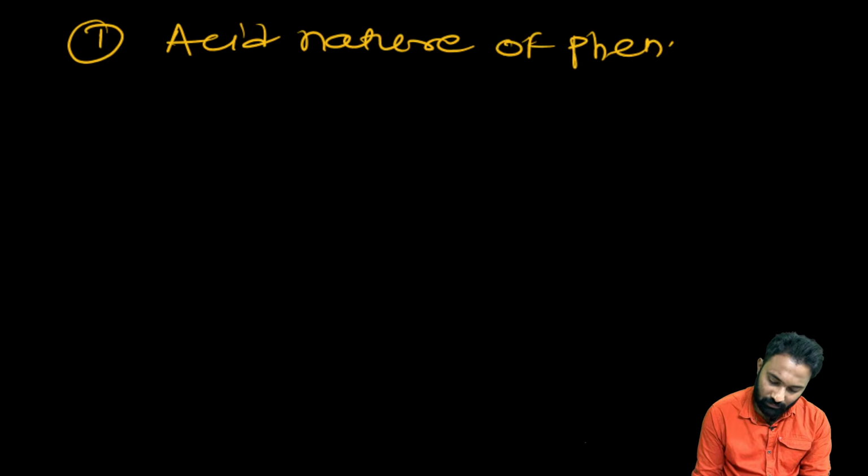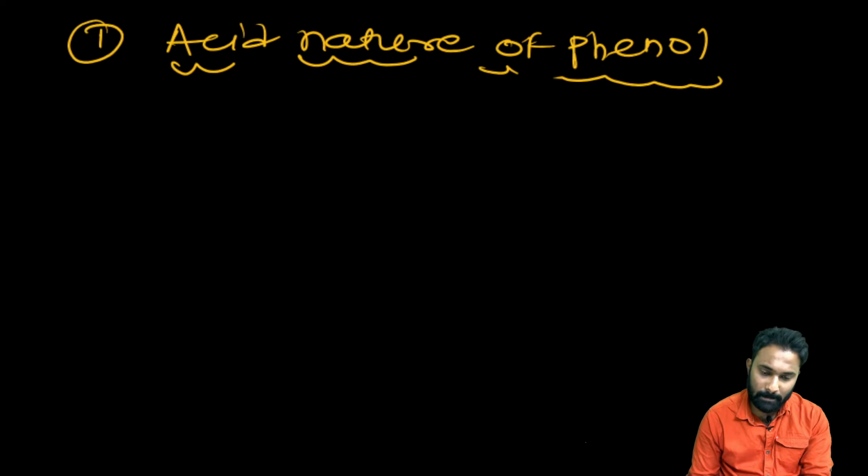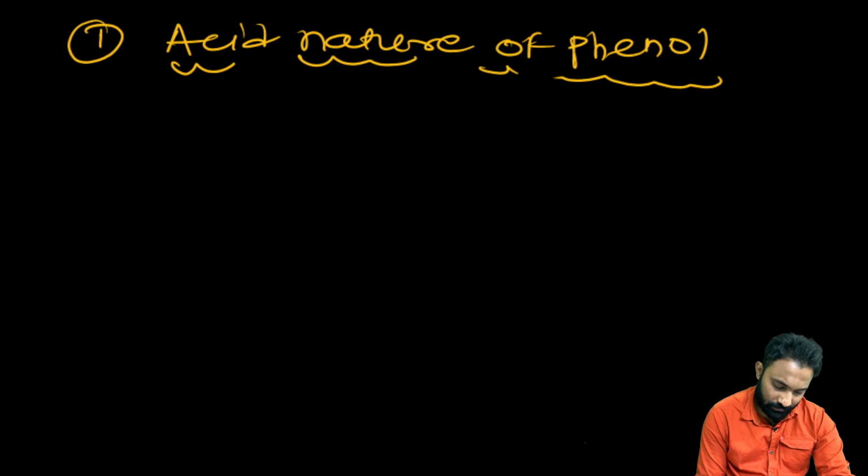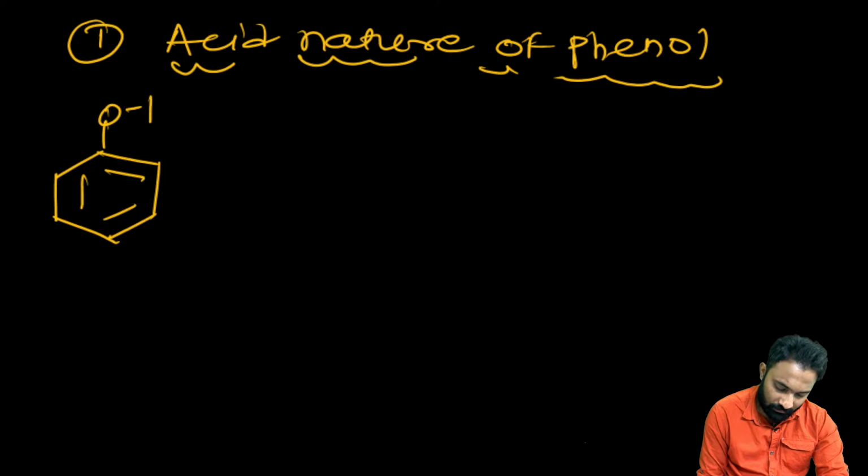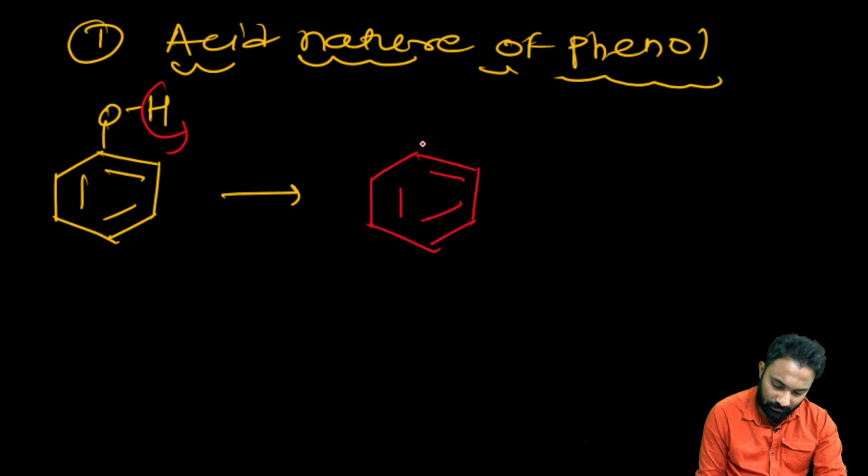In the acidic nature of phenol, as I already explained very clearly, whenever phenol is given, its acidic nature will be checked on the basis of the stability of its conjugate base.